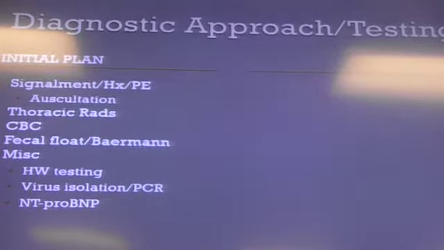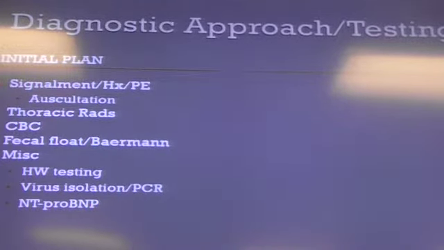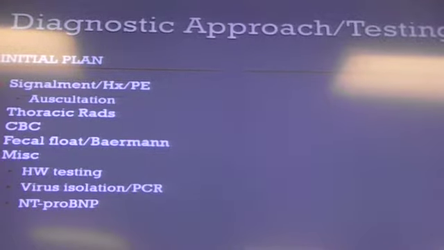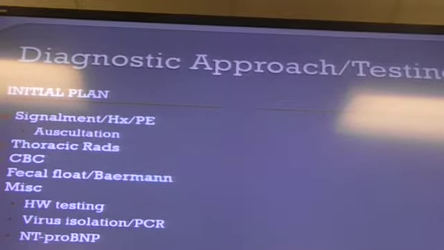All right. So a patient comes in, they may be coughing, having difficulty breathing, any of those things. So we look at our signalment, see if there's anything breed associated that would make us think, oh, I need to consider these additional conditions other than the usuals. We're going to get a good history.